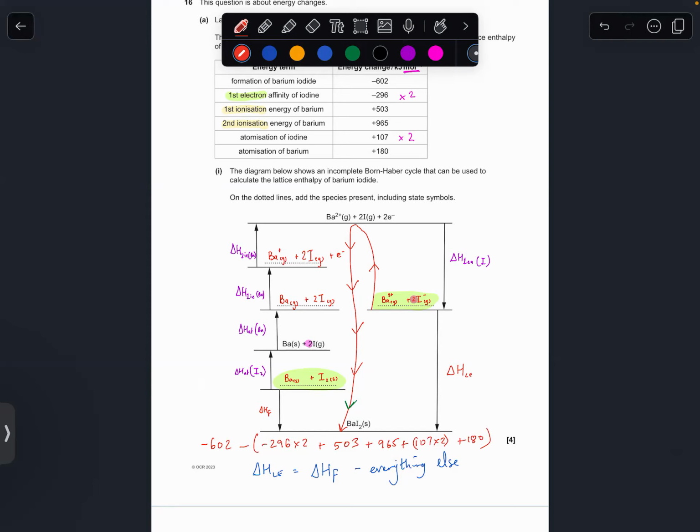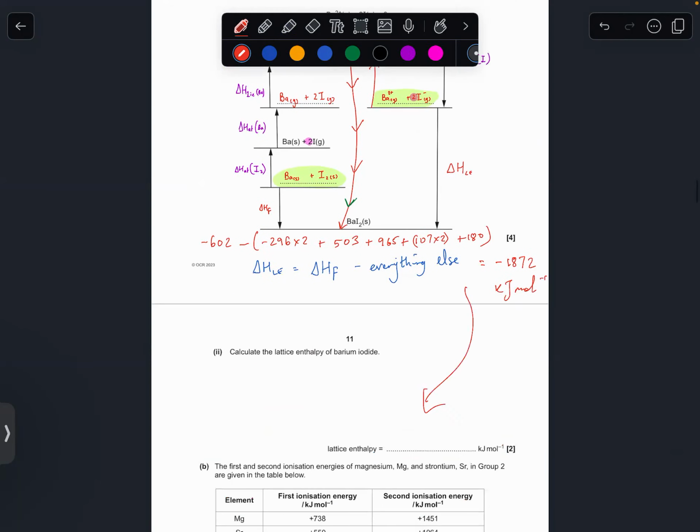I'm working this out. That answer gives you minus 1872 kilojoules per mole, which is your working out here.